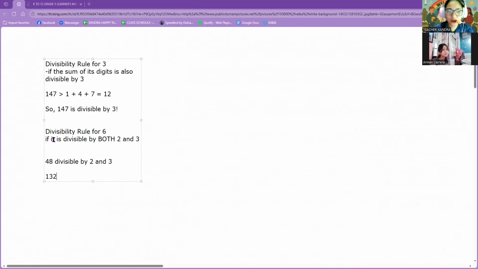Just remember, if we are looking for the divisibility rule for 6, it must be divisible by both 2 and 3. For the divisibility of 2, it should be an even number. And for 3, the sum of all of its digits should be divisible by 3. When you divide it by 3, there should be no remainder. So 132, is it divisible by 2?